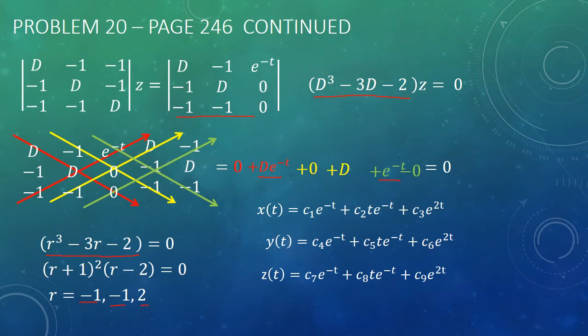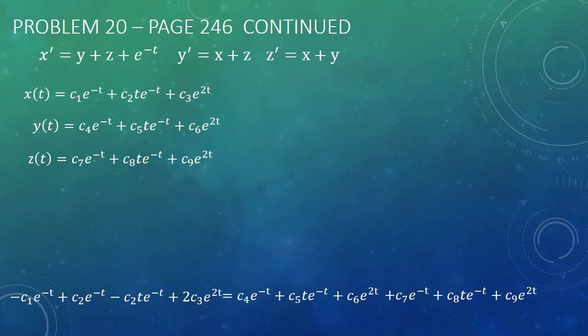Well, we have to solve lots of algebra. So how would we do it? Well, we do it the same way that I showed you earlier. We have to plug these solutions back into these differential equations and make the constants on the left-hand side equal the constants on the right-hand side.